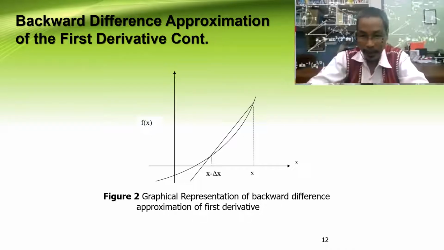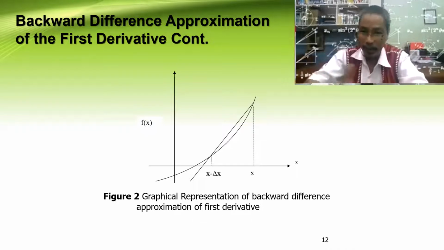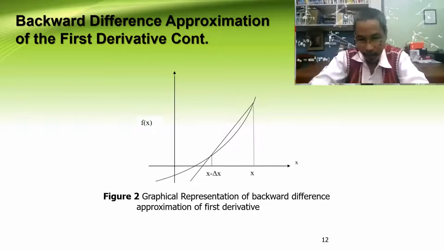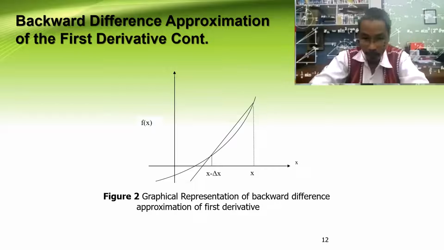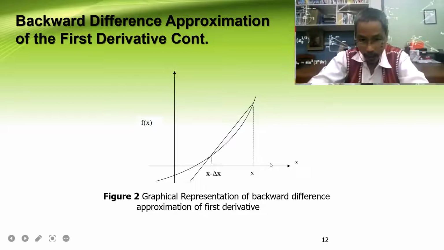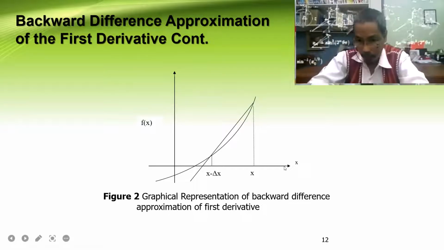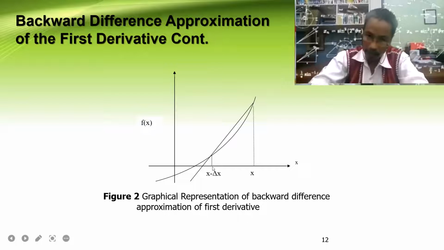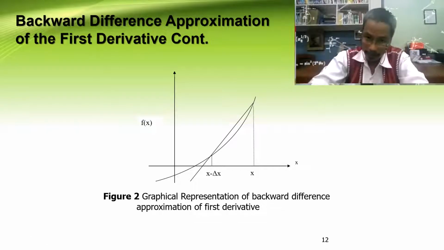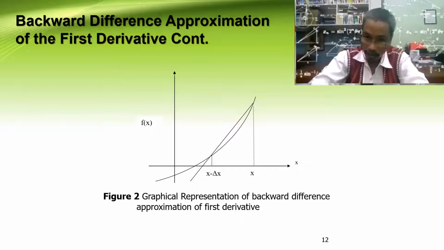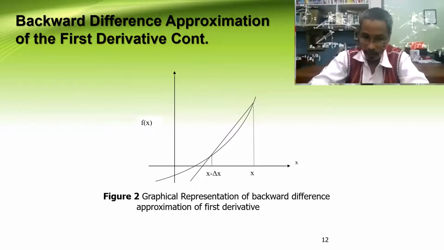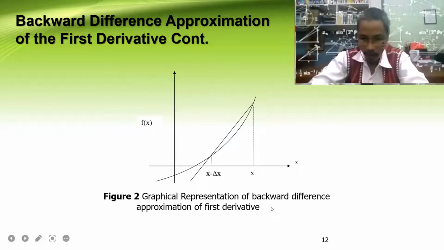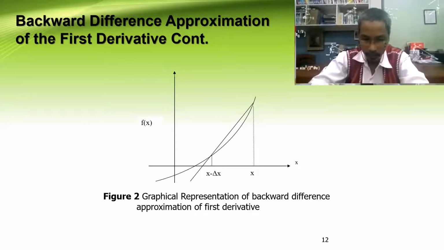You can do it in calculus with only one point. Since we are doing numerical methods, we need another point, and therefore, instead of going ahead of x, we are going back from x, so that is x minus delta x. This is the graphical representation of the backward difference approximation of the first derivative.